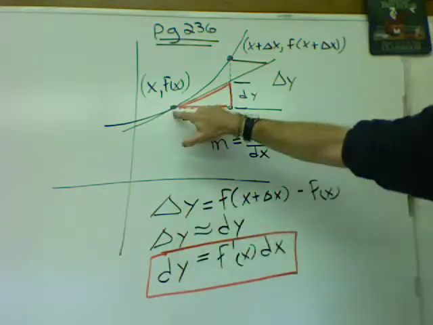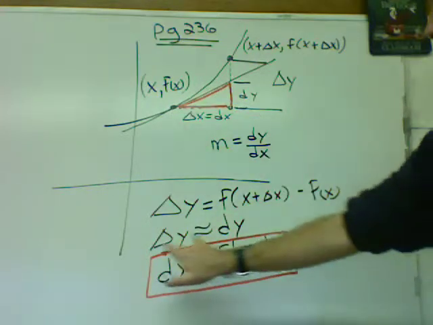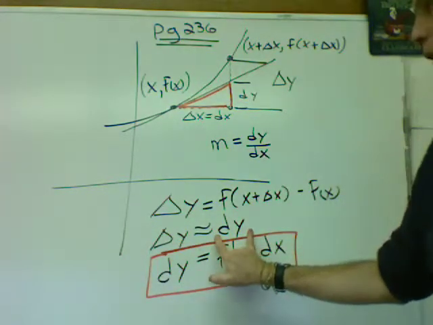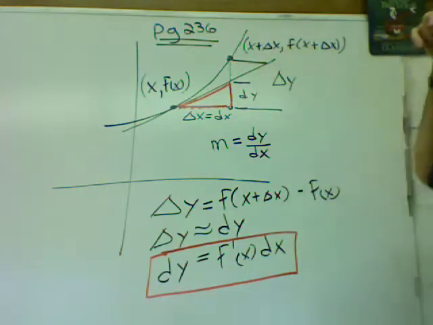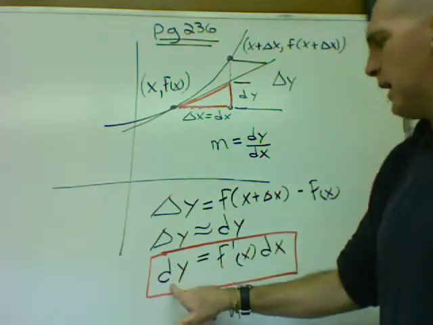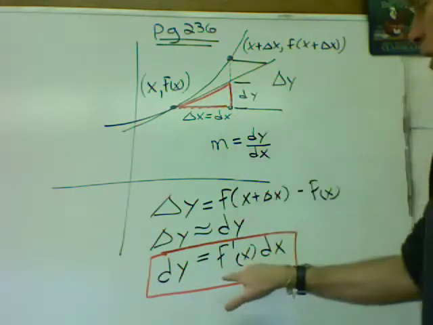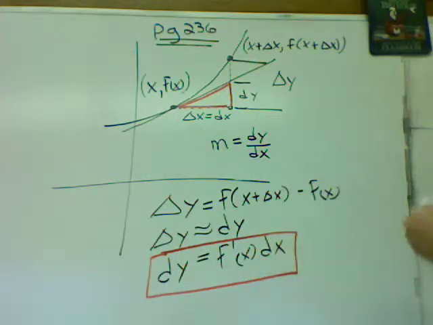Once again, when this point, or my second point, is pretty close to my first point, I can say that my delta y is approximately equal to my dy. Here I've, for illustration purposes only, have them not so close to each other. And so I'm going to define a differential as my dy value is equal to my slope times dx.